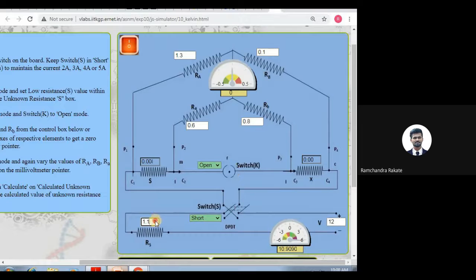When I start increasing the resistance, the current flowing through the circuit reduces. This is what Ohm's law says. We will keep it at 5 ampere. Now it is at 5 ampere. This is the first step. Have you understood?